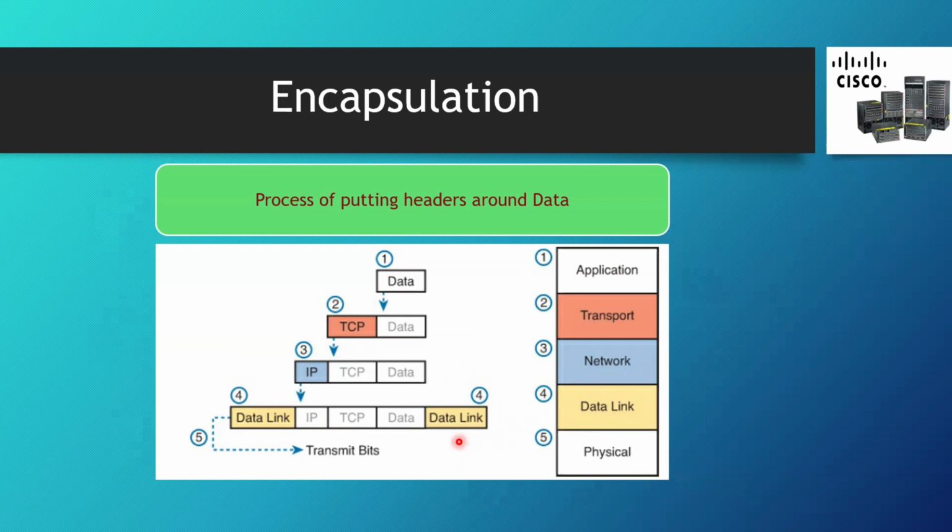But at a minimum, at this stage, you need to remember that when you're sending anything from your device to another device, basically all the OSI layer headers will be added. Only at layer 2 do we have a trailer. The trailer contains FCS, which is called frame check sequence. It will ensure that the frame is error free. So encapsulation means all the headers and trailers will be around our data.